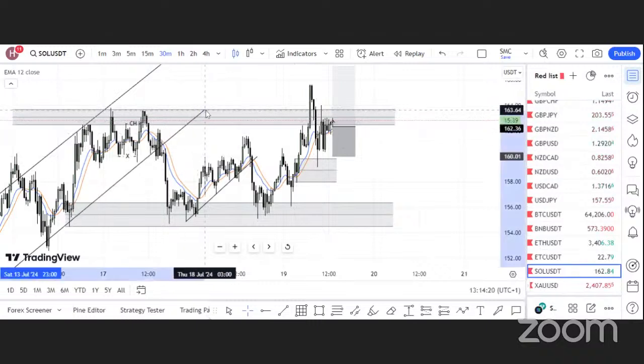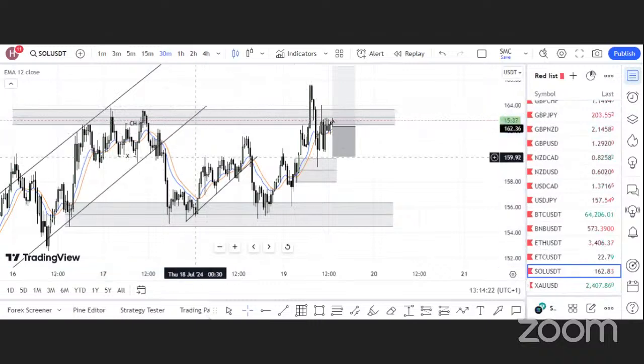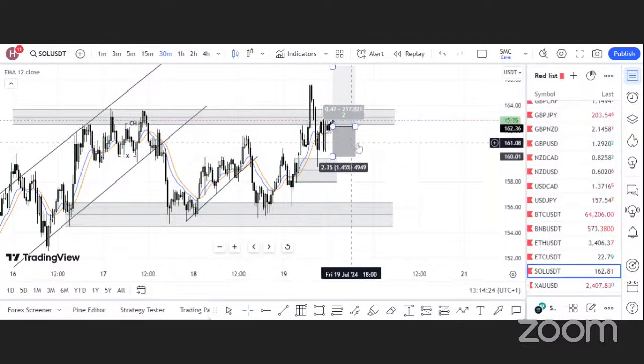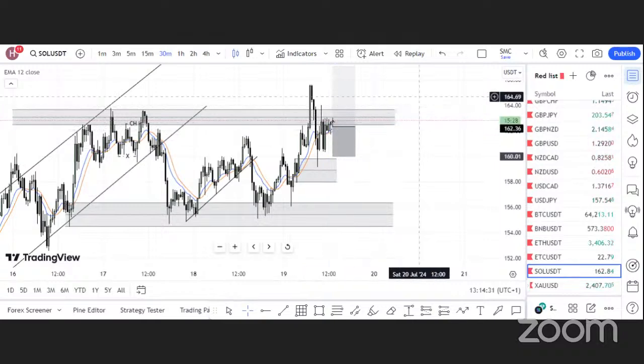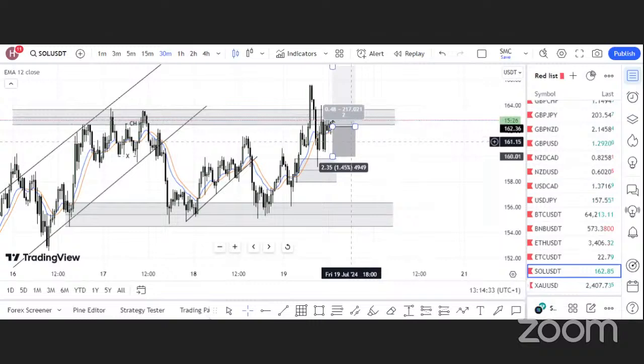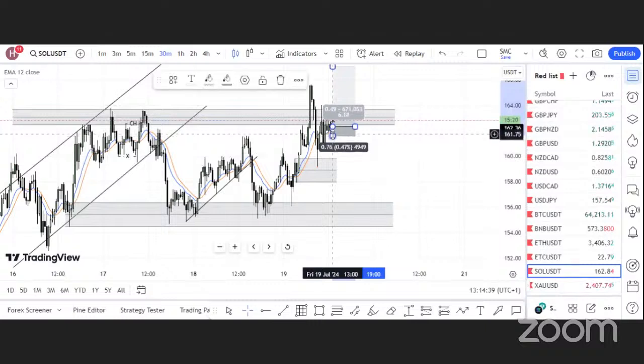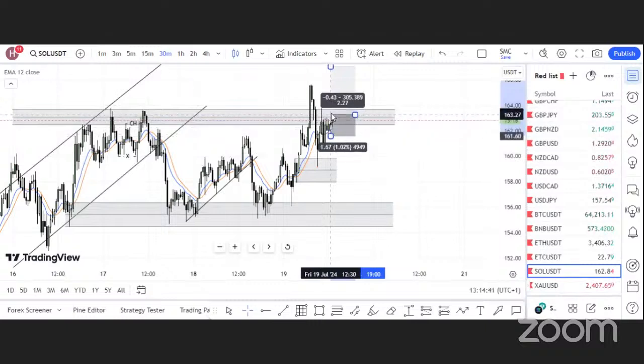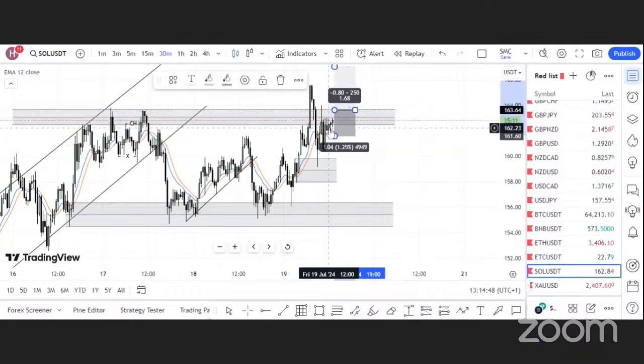So I don't want the same thing to happen today. So I'm just going to wait and allow this market to break above this level. So once I get a successful break of structure to the upside, then I can use this area as my stop loss because I don't think the market will come back into this area.